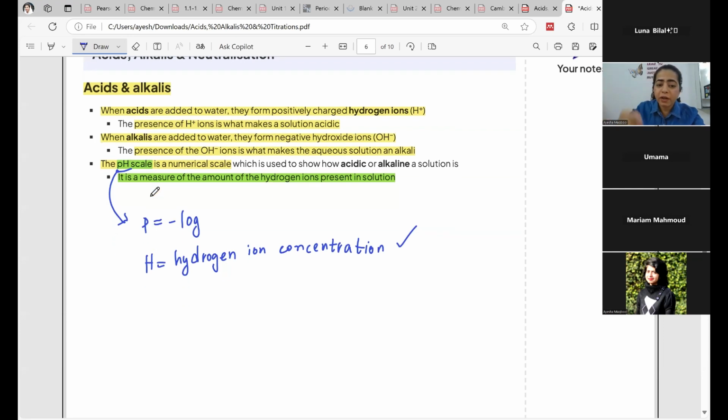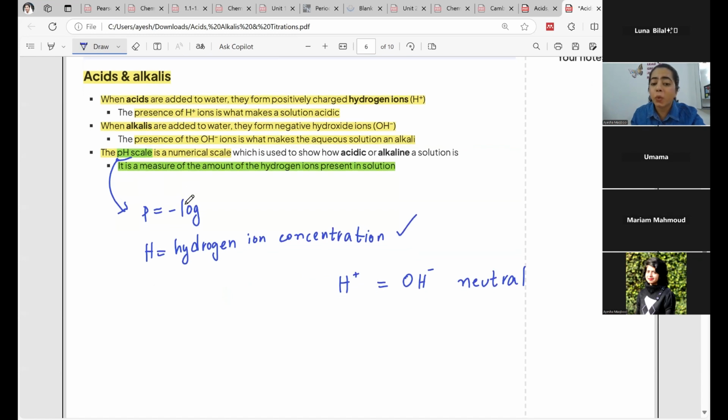So remember over here that if H positive ion concentration and OH negative are the same in any solution, that solution is neutral. In any solution, both are there. Even in the acidic solution, both are there. In alkaline solution, both are there. But when they both are equal, it is known as neutral solution.